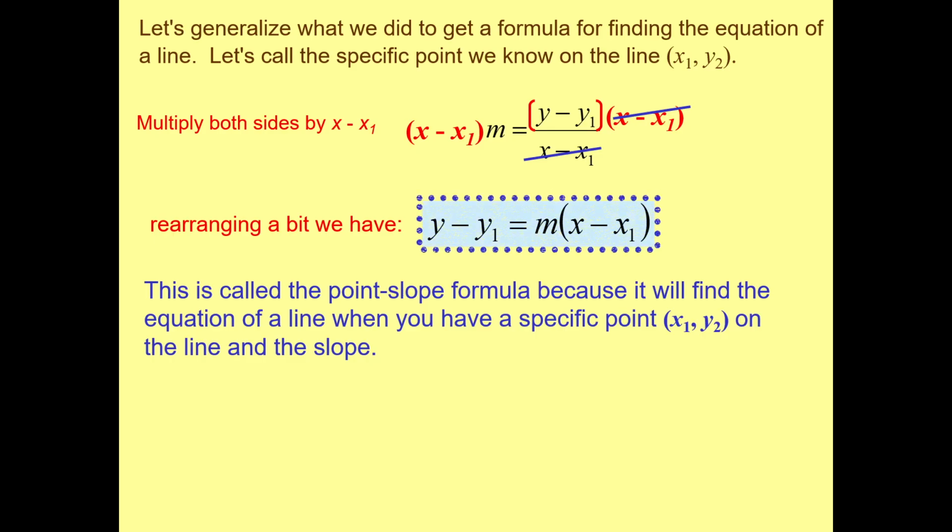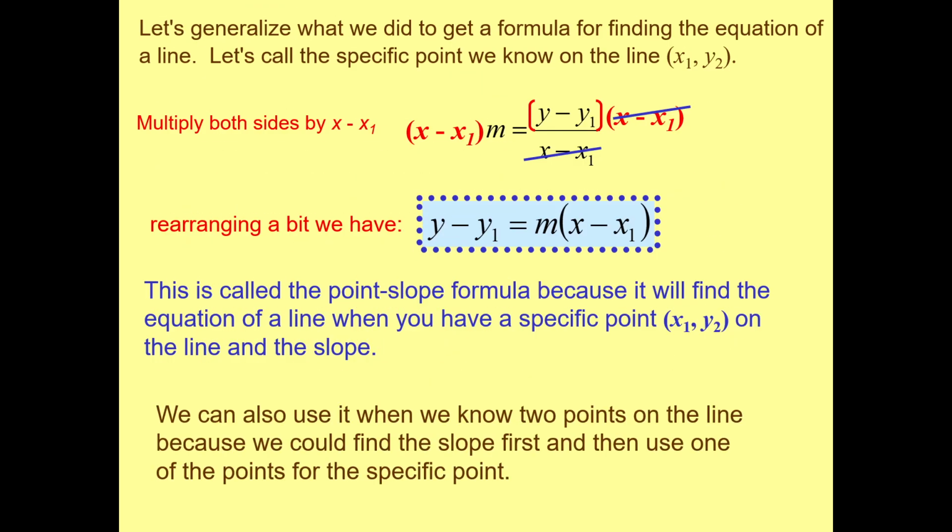Here, which is called the point-slope form of a linear equation. Given any point and a slope, we get an equation for the line. And we can also use it when we know 2 points on the line. You find the slope first, then use one of the points to find the equation.